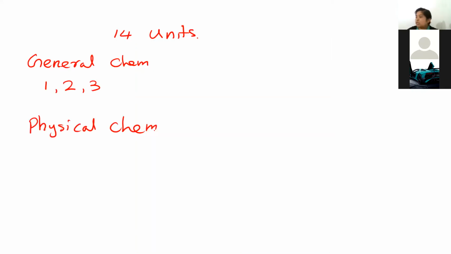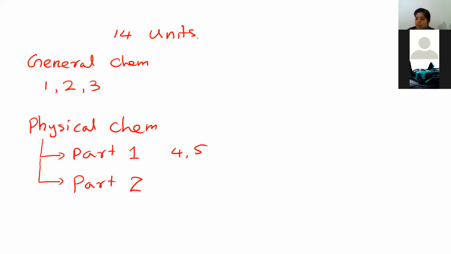Physical chemistry comes in kind of two parts. Part 1 includes the units 4 and 5, and the physical chemistry part 2 includes the units 11, 12, and 13.